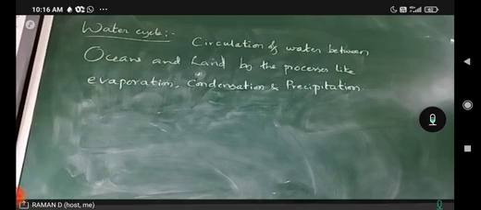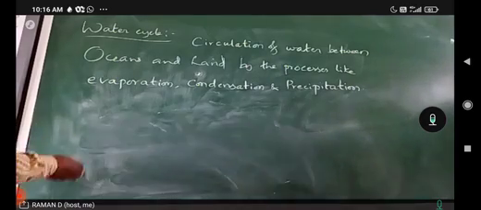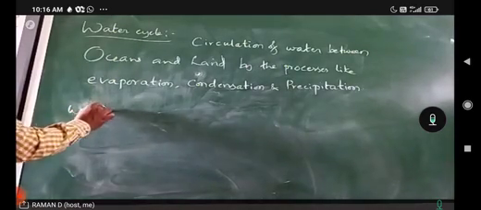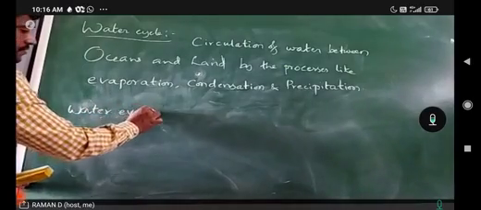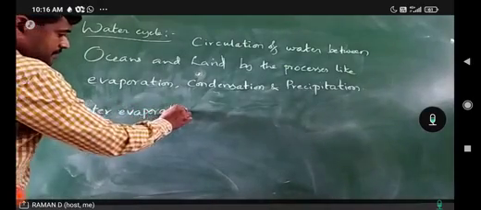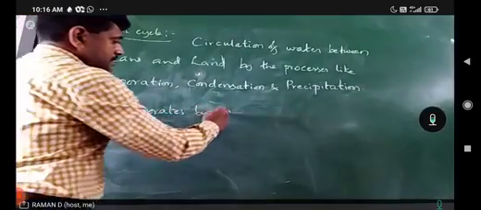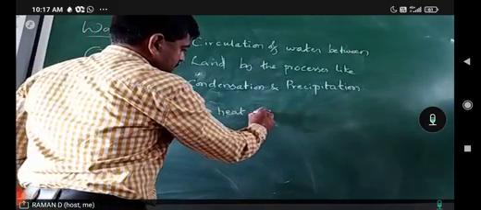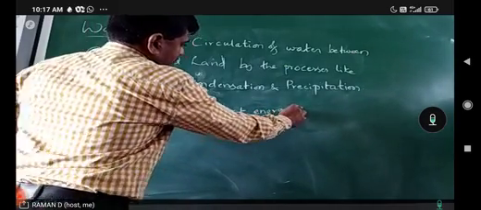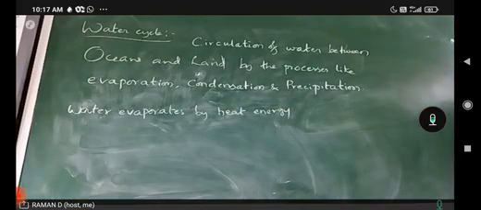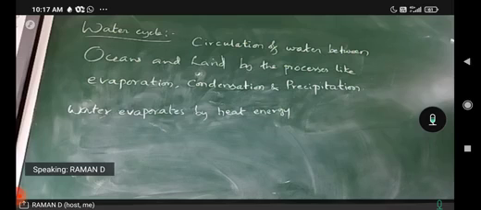Yes, sir. From where does this heat energy come? From sunlight, right? So, water evaporates by heat energy. Under sunlight, the water is evaporated by using the light energy. What about the water that gets evaporated even under the shade also?